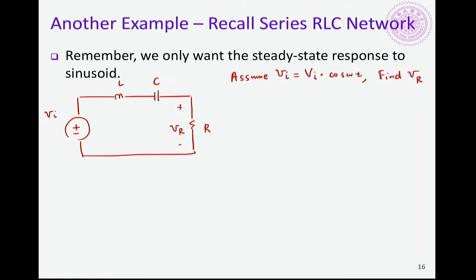If we are going to use the impedance model, first I'm going to convert the source into capital VI, which is the complex amplitude of the voltage source, equal to VI times exponential j omega t.